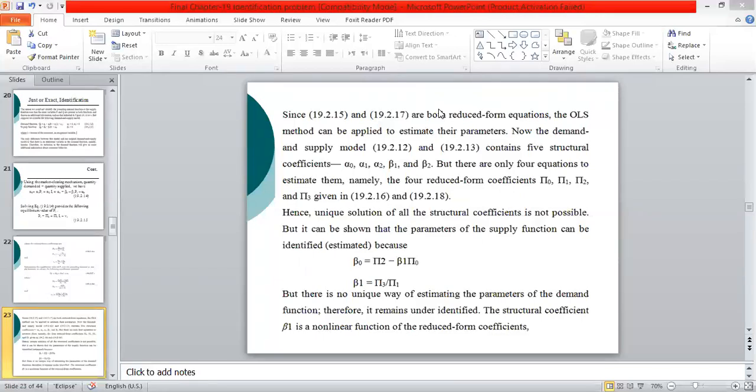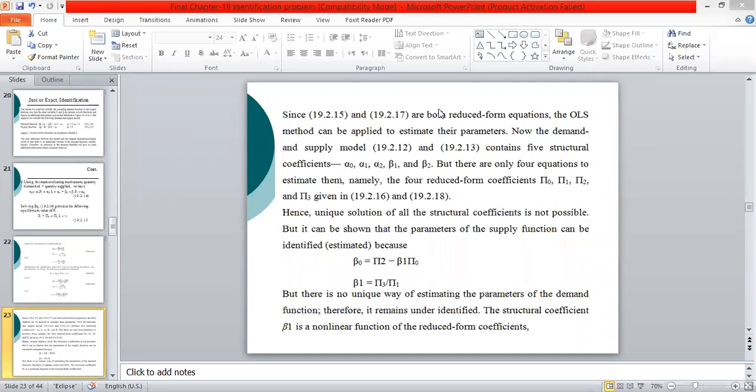Now the demand and supply models contain 5 structural parameters. We have 3 structural parameters for the demand equations, that is alpha naught, alpha 1, alpha 2, and we have 2 structural parameters in the supply model, that is beta naught and beta 1.